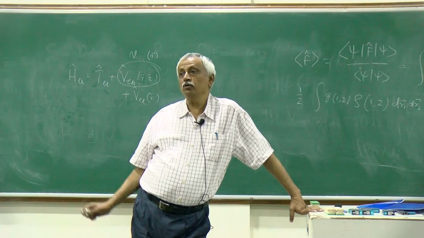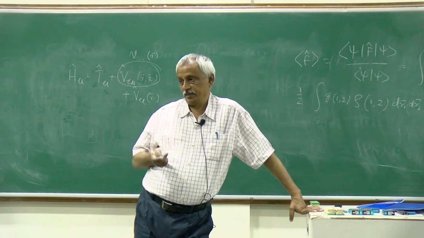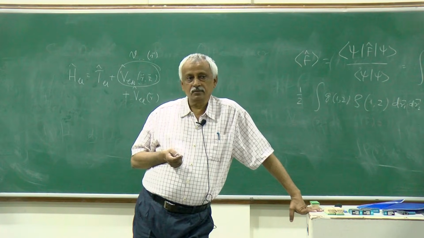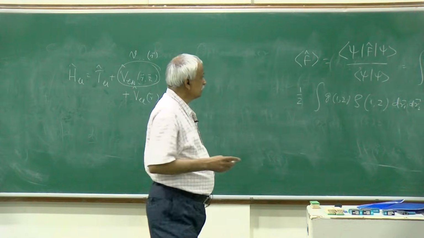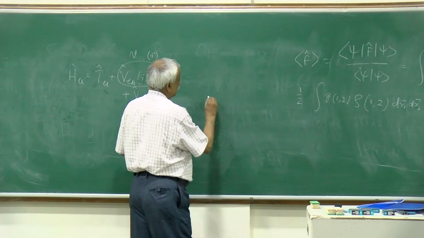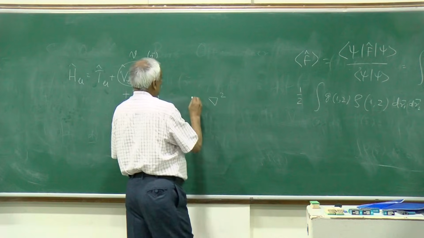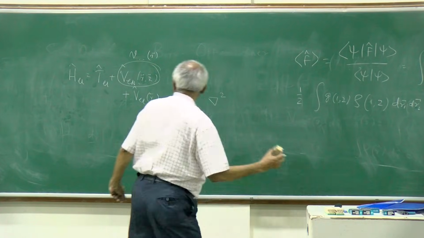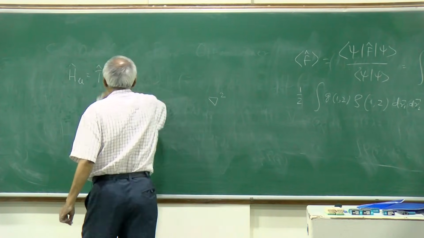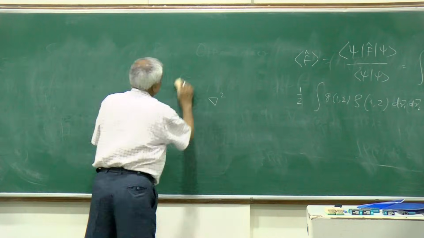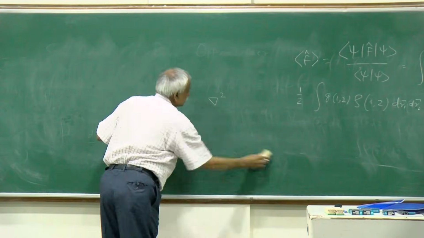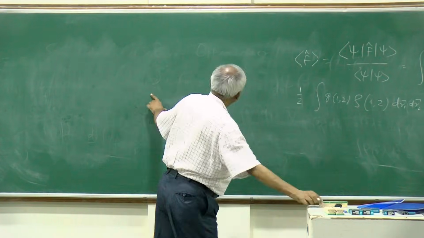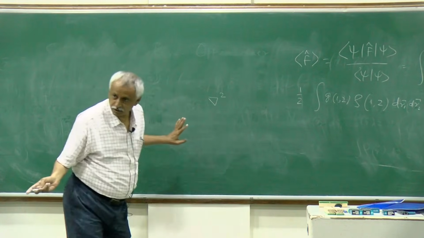So, how do you bypass these non-multiplicative operators? That is the way it is done. Suppose I want to get the Laplacian operator; minus half del square is your kinetic energy operator.